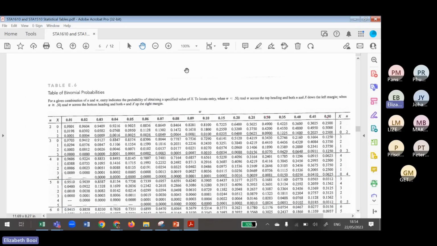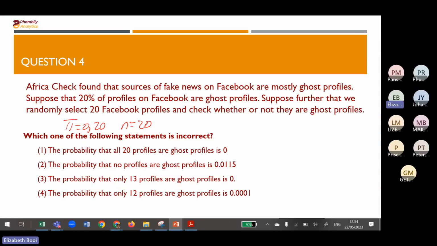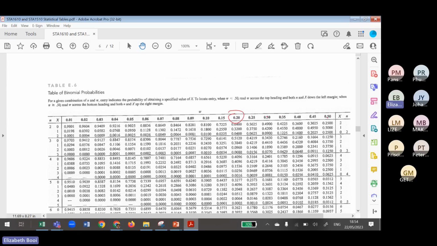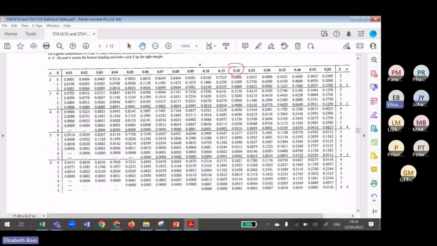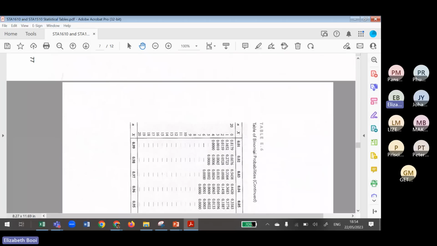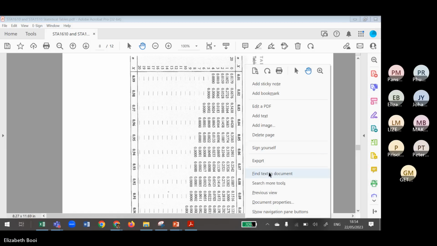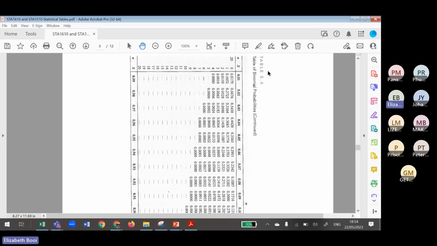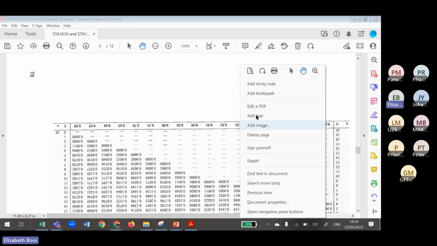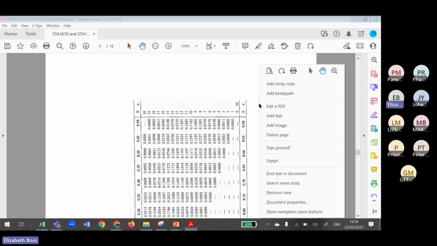Our probability of success is 0.20, so at the top we go to 0.20, and our n is 20, so on the left we look for 20. It has three parts, so I'm going to rotate it. There's no anti-clockwise, so you'll have to bear with me while I rotate it.